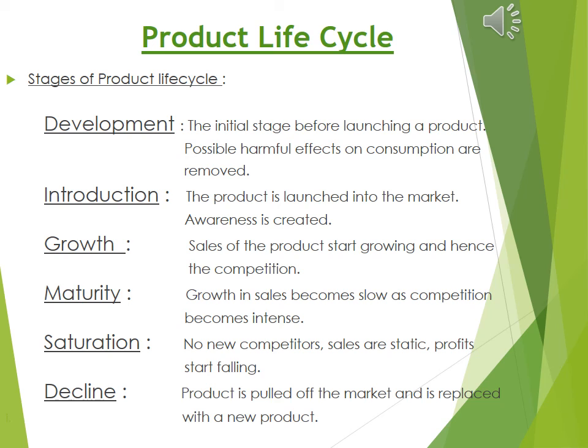After reaching the highest point, the product reaches a saturation stage. There is no more room for other competitors. It is not feasible anymore for other competitors to enter the market for that product. Competition is still high, and hence competitive pricing is still used. Slowly and gradually, sales start falling.